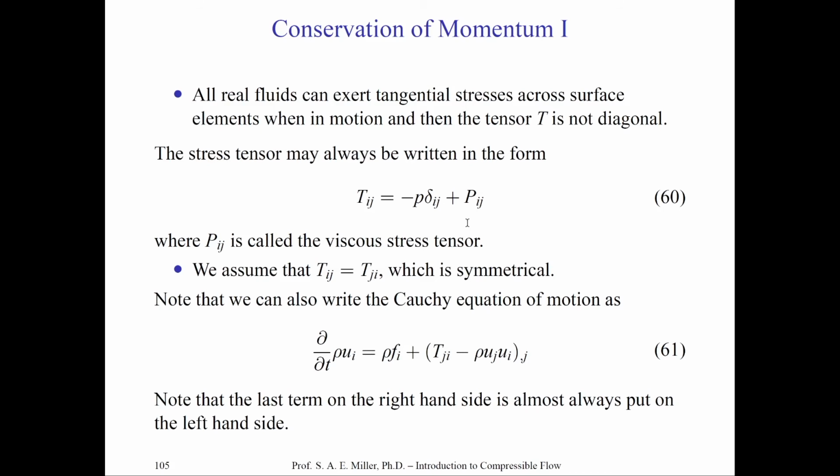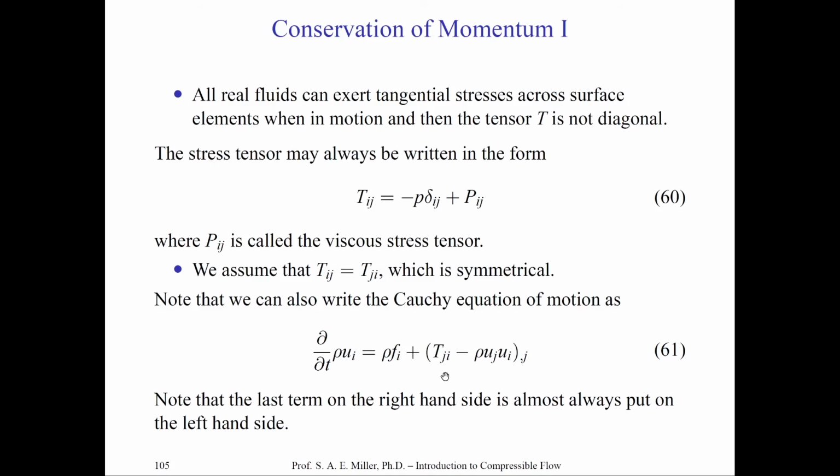And therefore, we can return to the Cauchy equation, which we just mentioned, and write out 61 by putting in, of course, a Pij type term into the stress tensor, which we write as Tij. And therefore, we can write partial t of rho ui equals rho fi plus Tji minus rho uj ui, comma j. Here the comma j denotes that we're taking the partial derivative of this term in parentheses in the j equals 1, 2, and 3 direction.